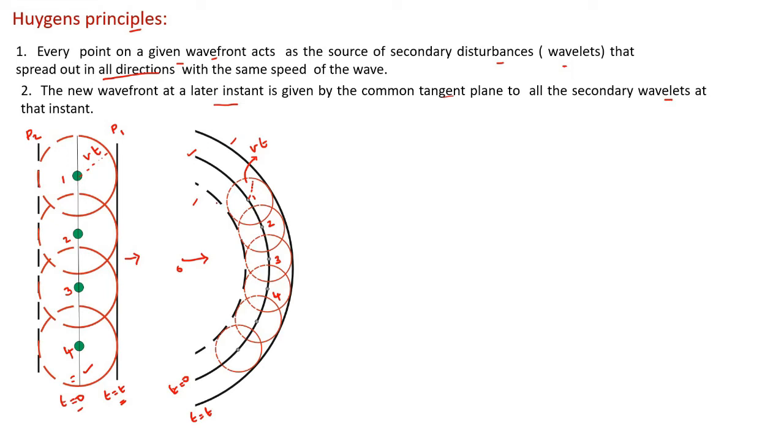For that, the explanation given by Huygens is that the amplitude of the wave in the forward direction is maximum. Amplitude maximum for this. For this wave, the back wave, amplitude is 0.